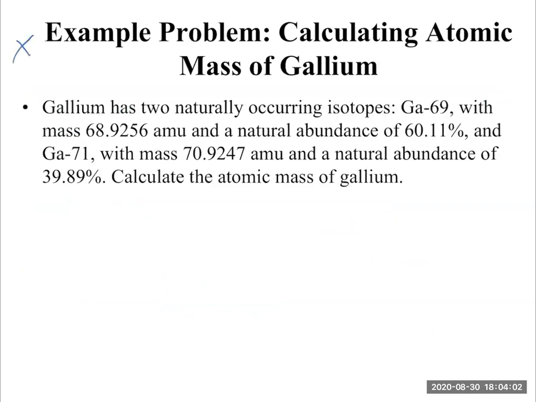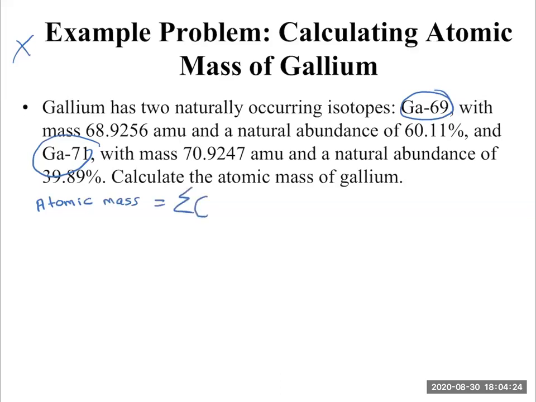For example, it says gallium has 2 naturally occurring isotopes. So it has 2 isotopes, one isotope and the second isotope is this. Calculate the atomic mass of gallium. So it's going to be atomic mass equals, this represents the sum.